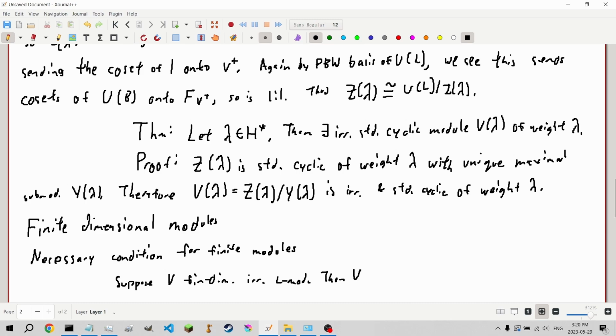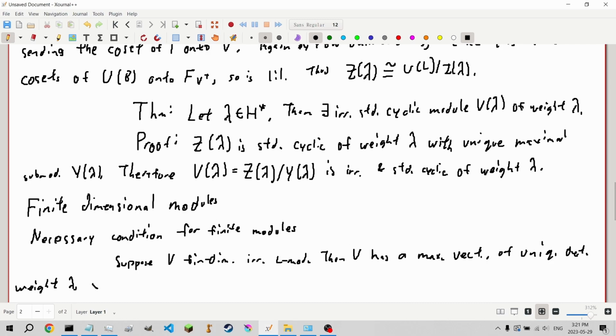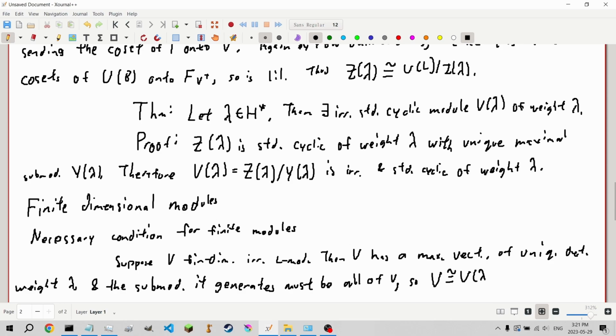Then V has at least one maximal vector of uniquely determined weight lambda, and the submodule it generates must be all of V by irreducibility. So V is isomorphic to V lambda.